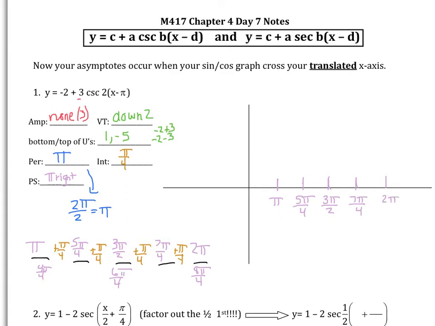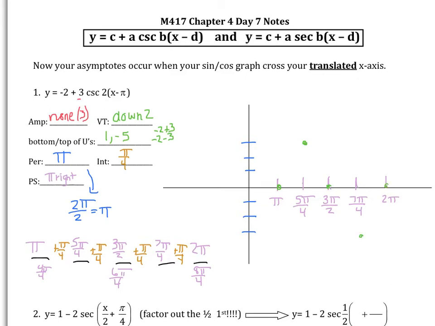Now if I'm thinking about graphing sine, my amplitude is 3, so I'm going to start with that and I'll worry about the vertical translation in a few minutes. So a regular sine graph with an amplitude of 3 is going to start at 0, and it's going to go up, back to home, down, back to home.